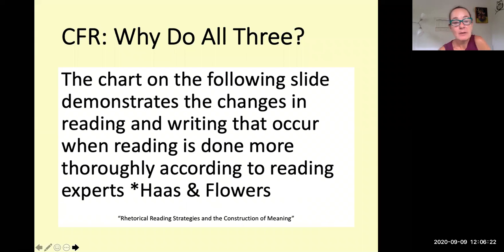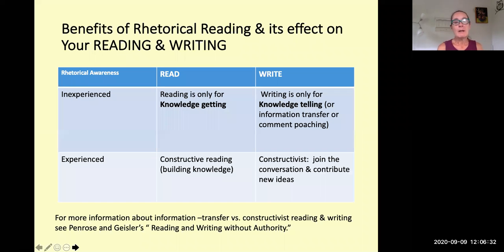The chart on the following slide demonstrates the changes in reading and writing that occur when reading is done more thoroughly, according to reading experts Haas and Flowers. So benefits of rhetorical reading and its effect on your reading and writing. So this rhetorical reading that I'm asking you to do is the content, form, rhetorical annotations. So in terms of rhetorical awareness, when you're inexperienced, you read only for knowledge getting.